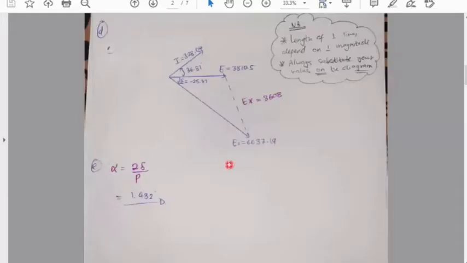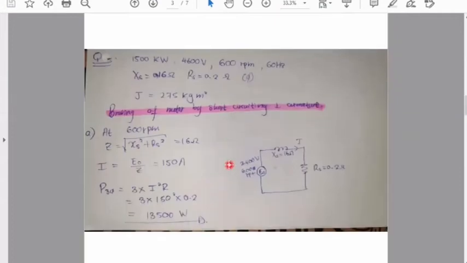Let's go and see our memo. So this is the information that is given to you. Your J is given to you as well. And it says braking of the motor by short-circuiting the armature. The first question is asking you to get the power in the armature at 600 RPM.